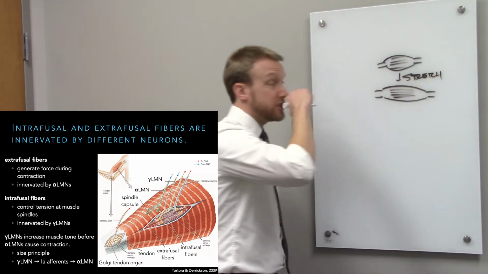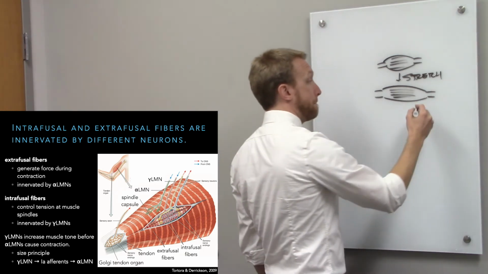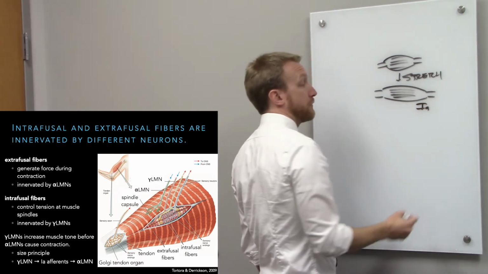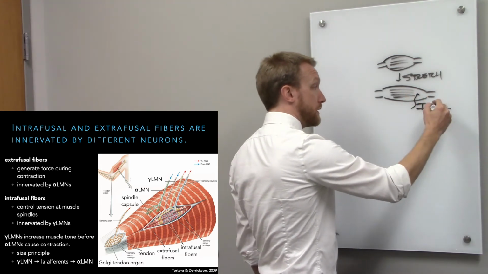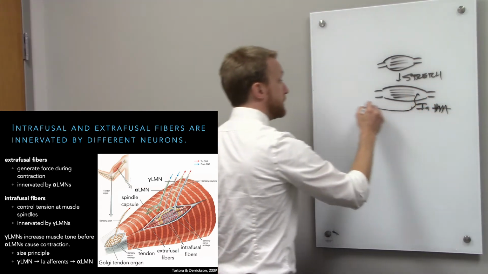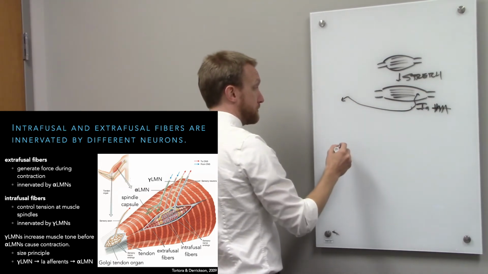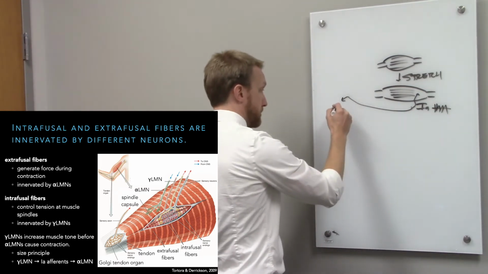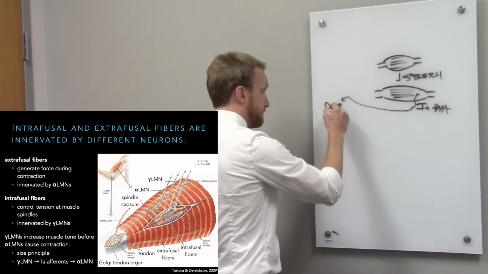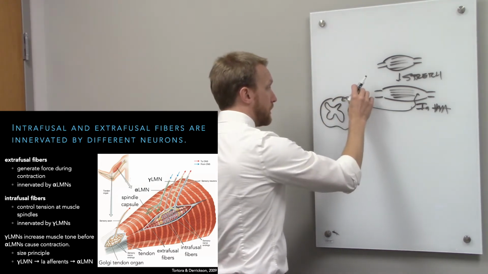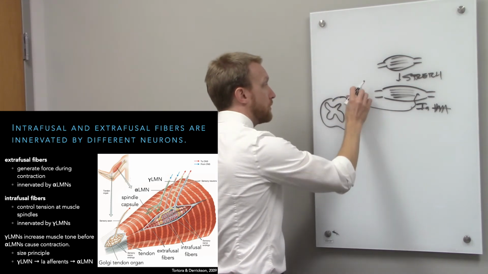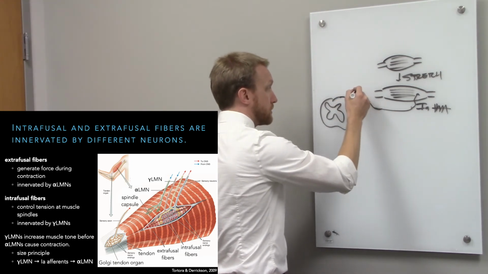Now, muscle stretch is, of course, detected by 1A afferents at the muscle spindle. So they're in here somewhere. They get stimulated. This drives a reflex in the spinal cord. The 1A afferents live, of course, in the dorsal root ganglion.